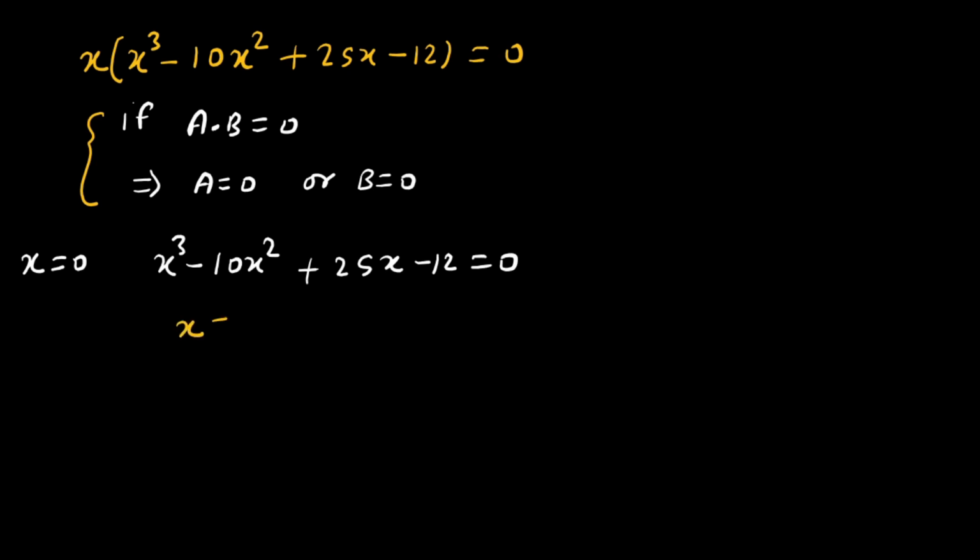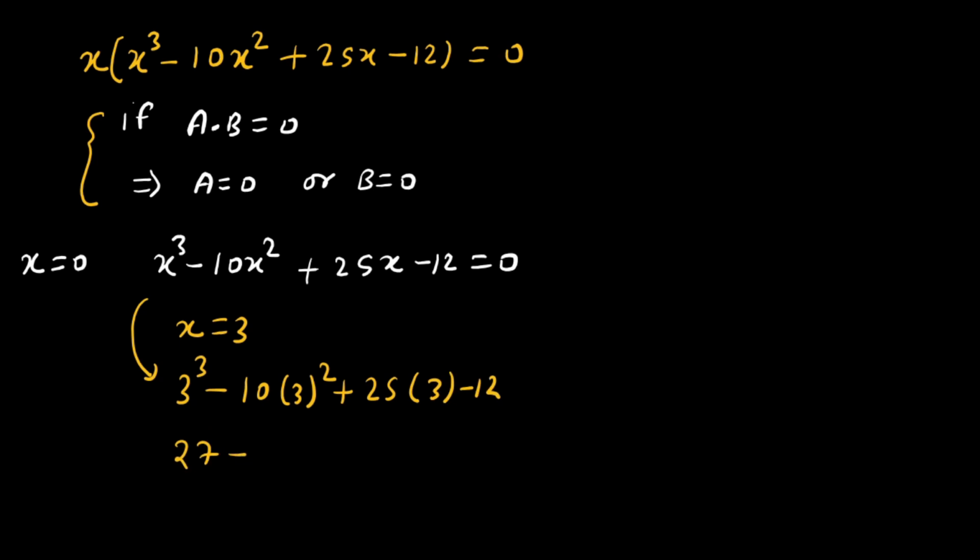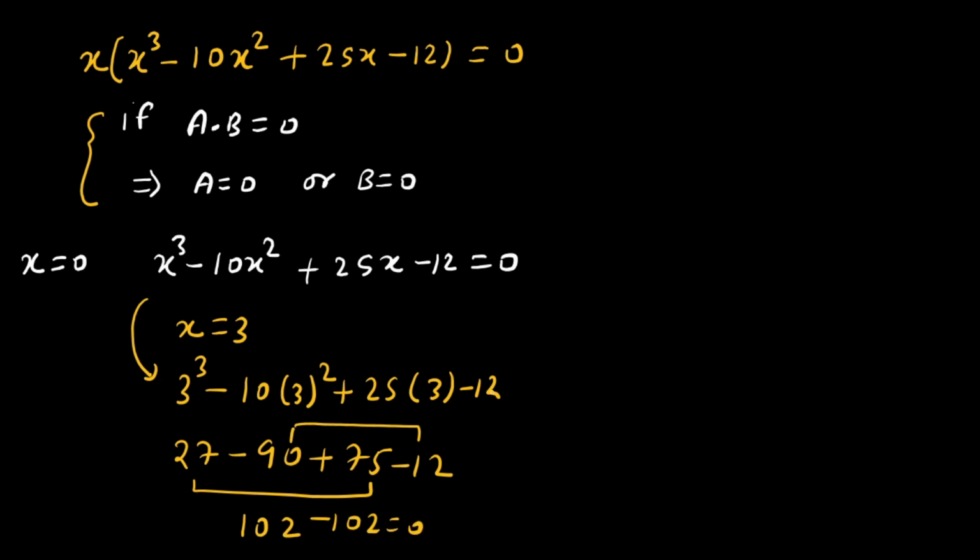Here if we put x equals 3, then 3 power 3 minus 10 times 3 squared plus 25 times 3 minus 12. 3 power 3 is 27, minus 3 power 2 is 9, 9 times 10 is 90, plus 75 minus 12. 27 plus 75 is 102, and minus 90 minus 12 is minus 102, and this equals 0.